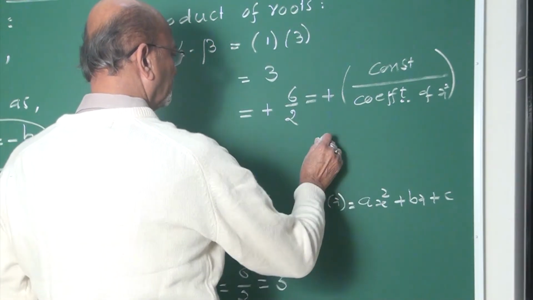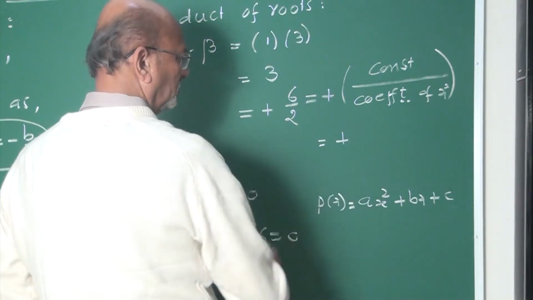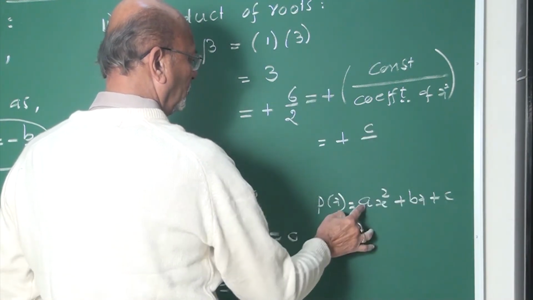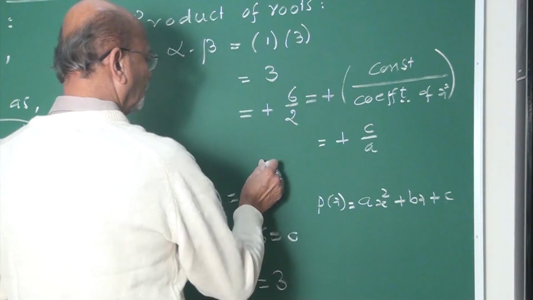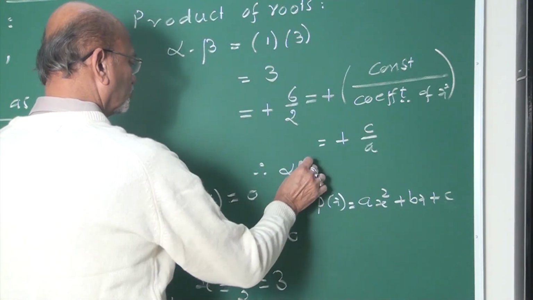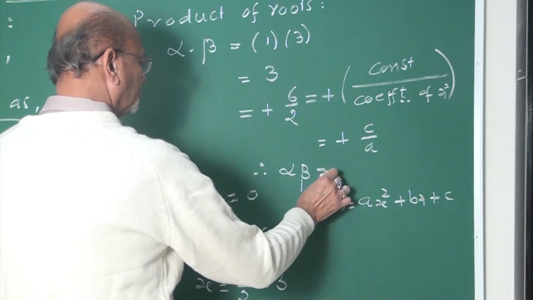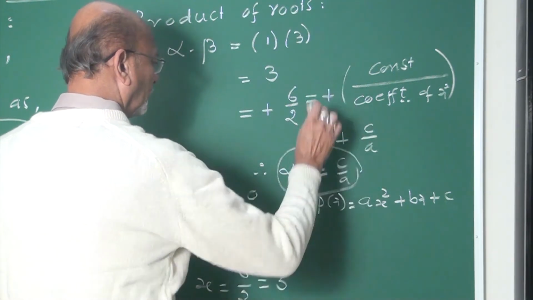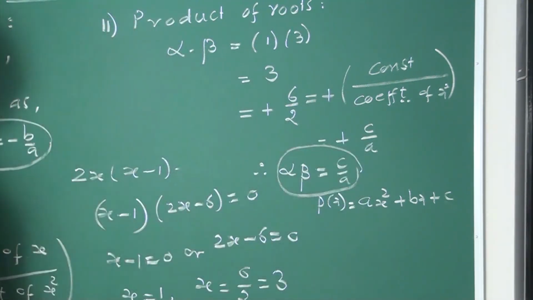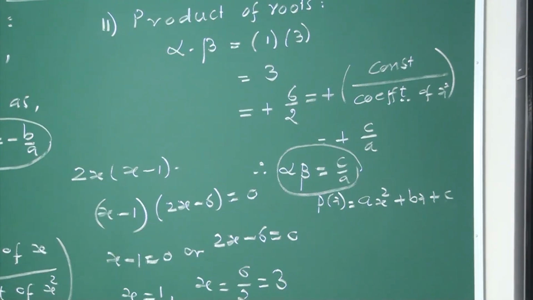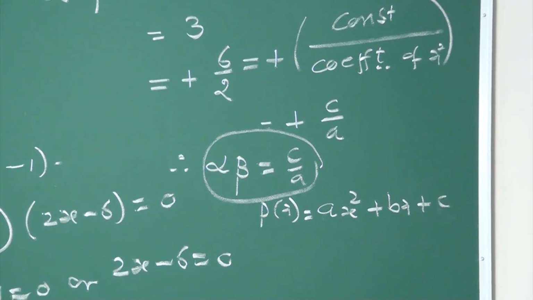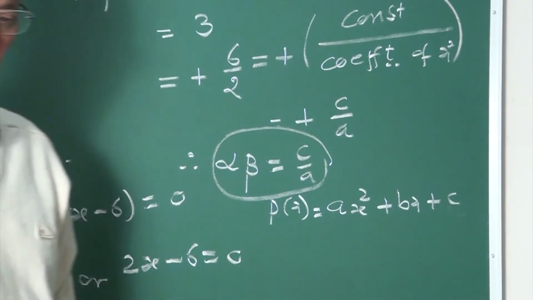In this case, it is plus constant term c upon coefficient a. Therefore, product of roots alpha into beta is c by a. It is the constant term divided by coefficient of x square. Therefore, what is the relation?